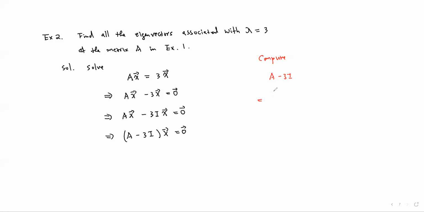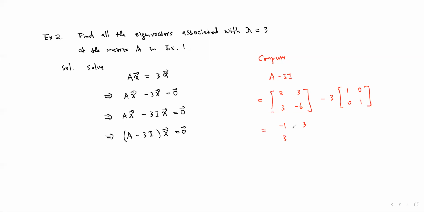The matrix A in example 1 is 2, 3, 3, negative 6, minus number 3 times the identity matrix. So this is 2 minus 3 times 1, negative 1. 3 minus 3 times 0, number 3.